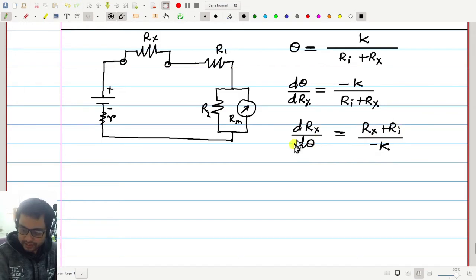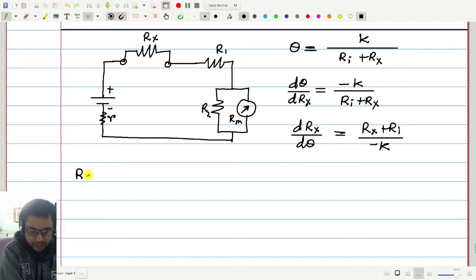And what is this? This is the amount, if you make a little error in measuring the deflection, what will be the change or error in your measurement? So if you make say 1 degree mistake, then how much error you make in resistance measurement.